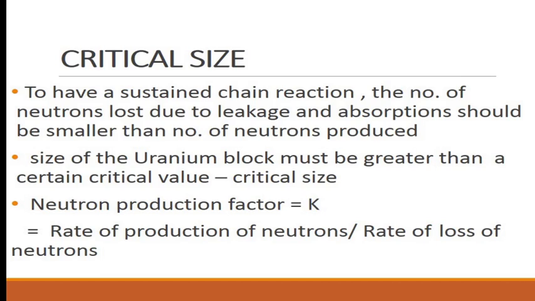So to have a sustained chain reaction, the number of neutrons lost must be smaller than the number of neutrons produced, because the chain reaction must continue. So the size of the uranium block must be greater than a certain critical value in order to attain a sustained chain reaction, and that size is known as critical size.